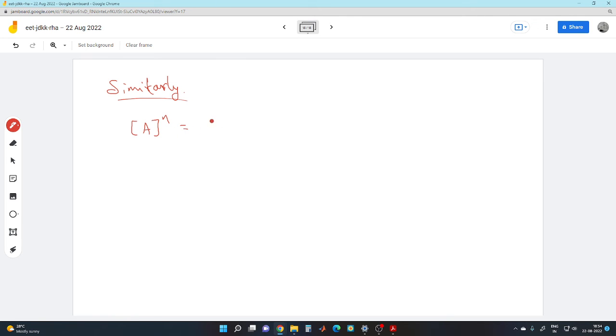If we express it in that form, it can be written as X inverse lambda raised to power n X.